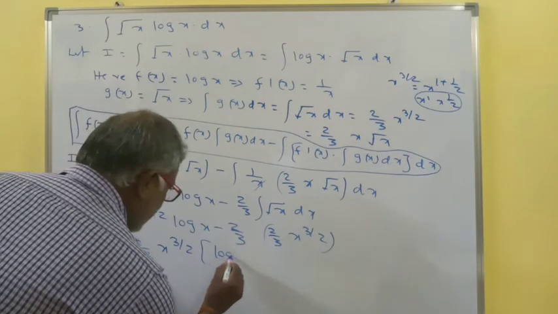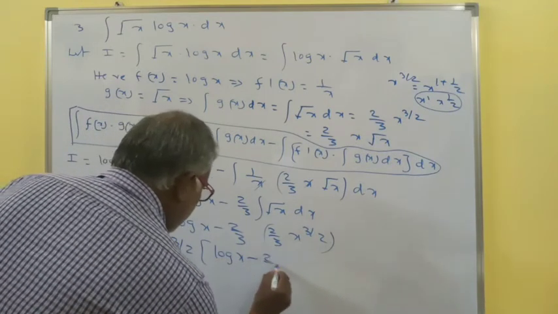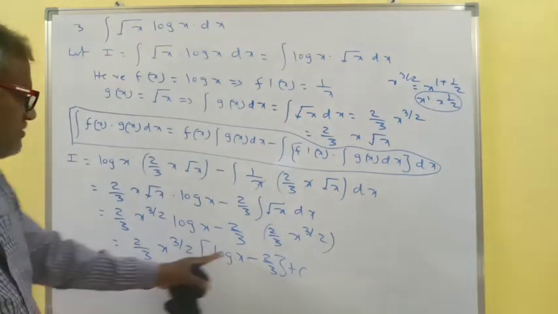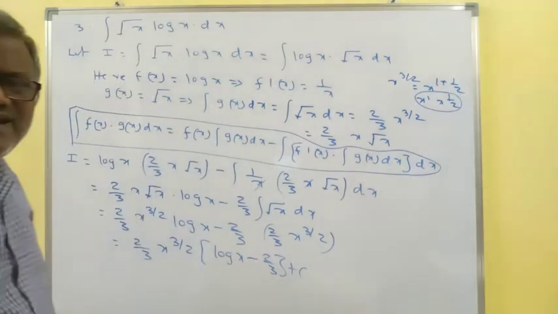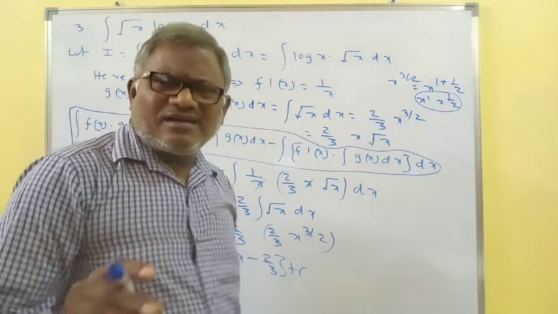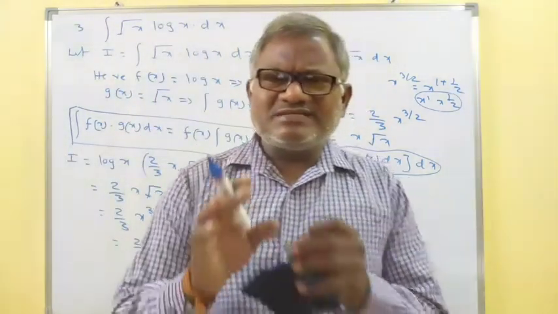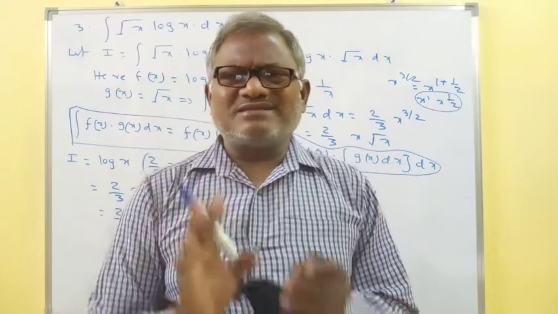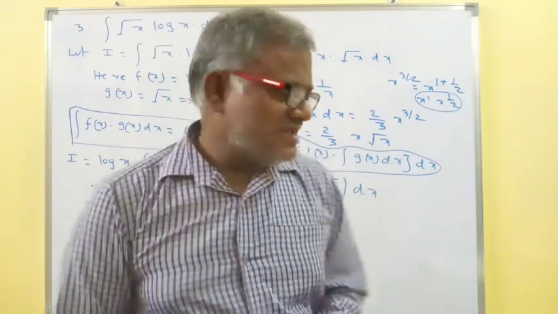So finally you got this as the final result for this one. Okay. So whenever a logarithmic function is there, always consider it as the first function. Okay. Next one.